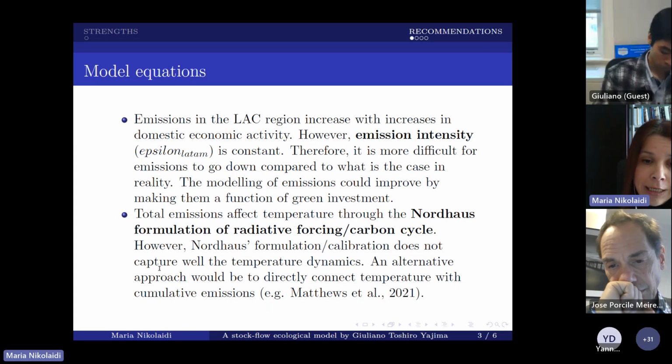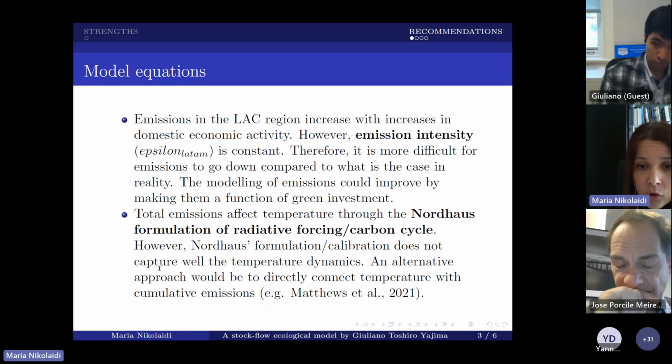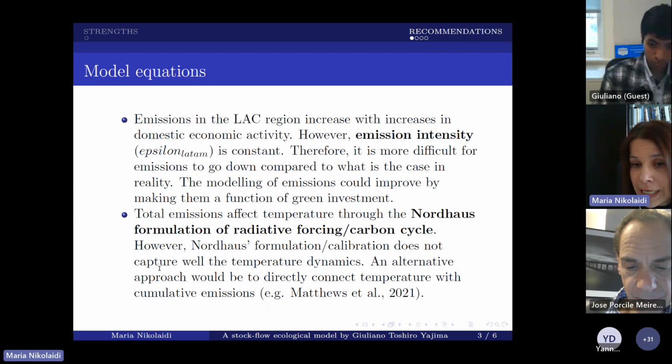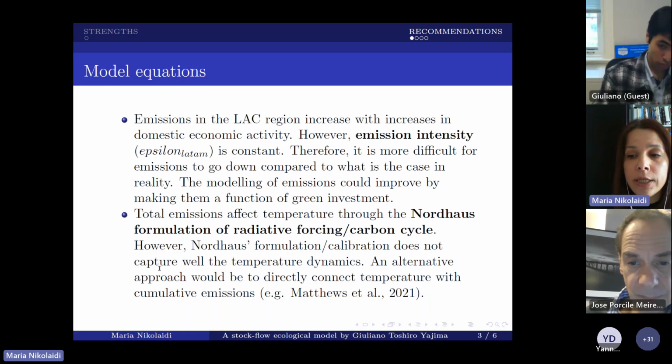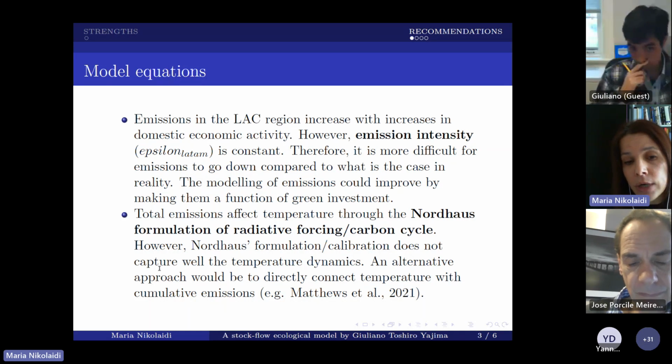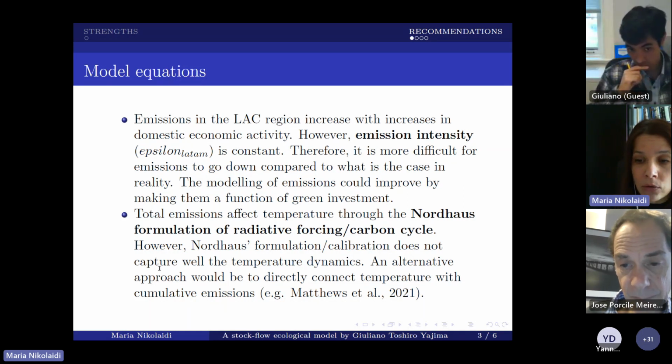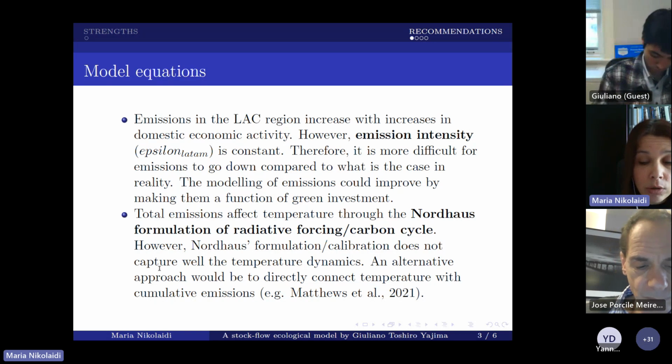So if you are interested in something like that, you could make the emission intensity endogenous, a function of, let's say, green capital, and this green capital could be of the firms or of the government. You have this Nordhaus formulation about emissions, CO2 concentration, and atmospheric temperature, and you have this carbon cycle and the radiative forcing.